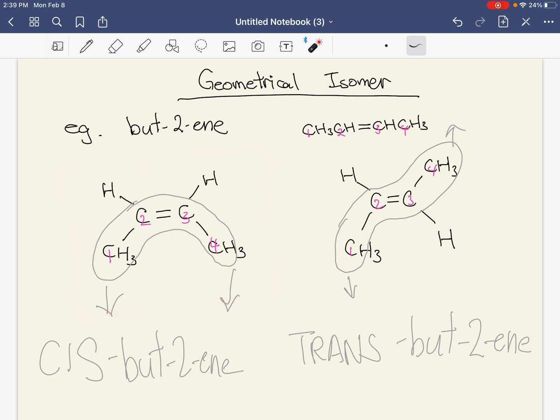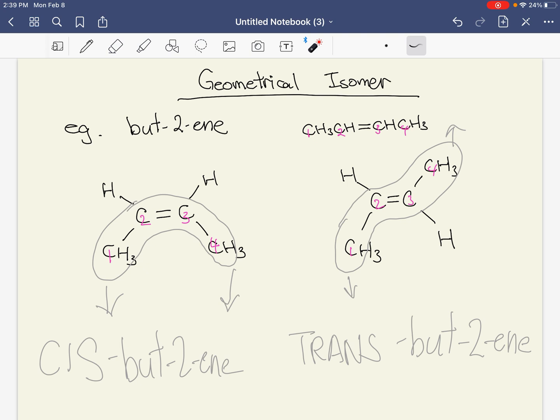You cannot rotate and try to play around with them to make cis look like trans. That's not possible. If it's cis, it stays cis. If it's trans, it stays trans. Okay? So make sure this is something that you know. And this is pretty much what geometrical isomers is all about.